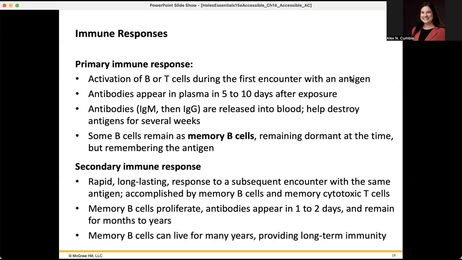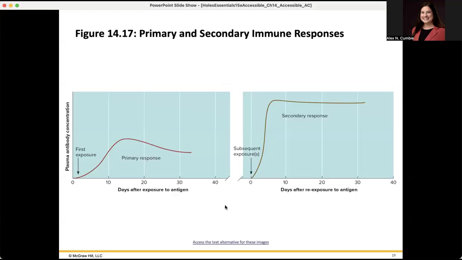But say you're exposed to the same antigen again later on. You will have a secondary immune response, which is much quicker and longer lasting, and you already have some of these memory cells in place, so your antibody production is going to be very quick, 1 to 2 days versus 5 to 10. This is kind of what that looks like.